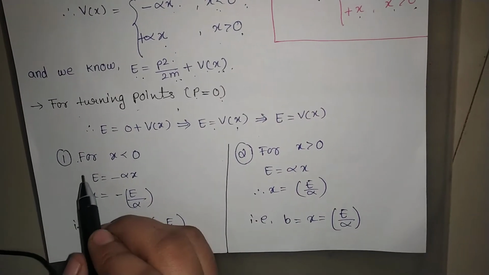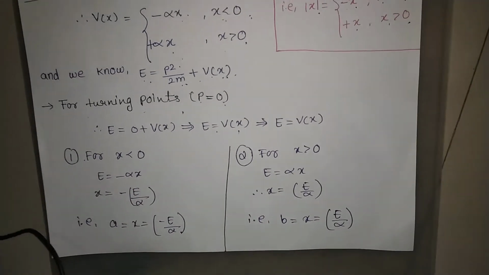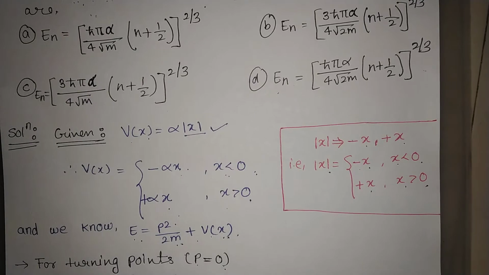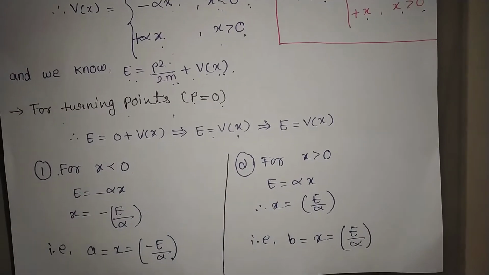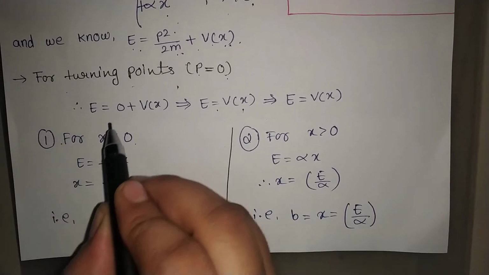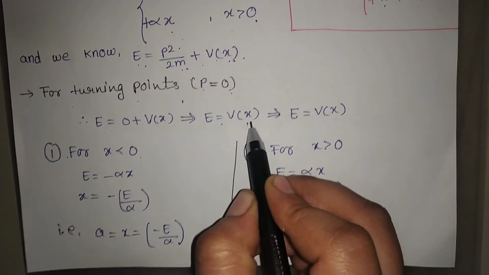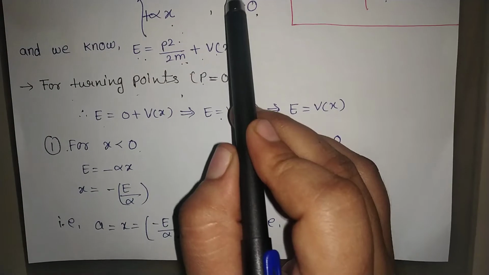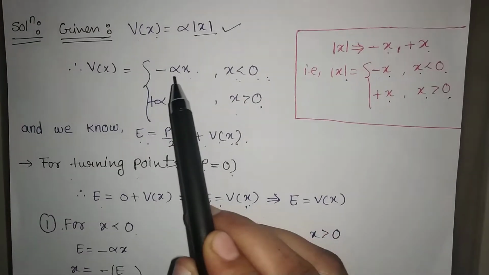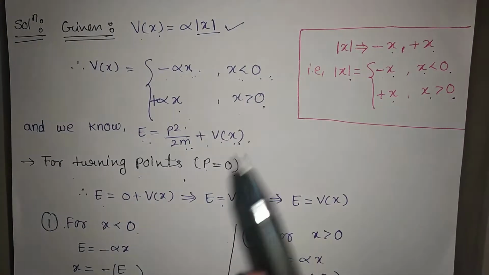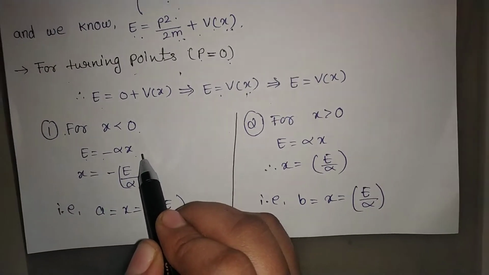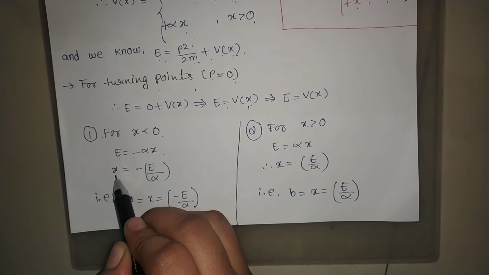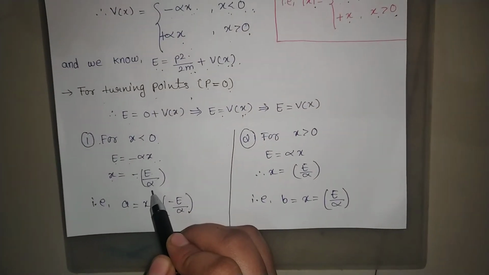For x less than 0, E equals V of x, and V of x for x less than 0 is minus alpha x. So we put E equals minus alpha x. So what x do we get? Minus E by alpha.